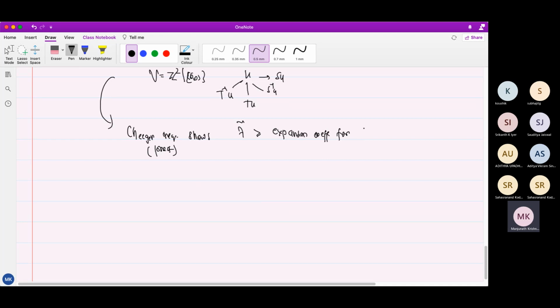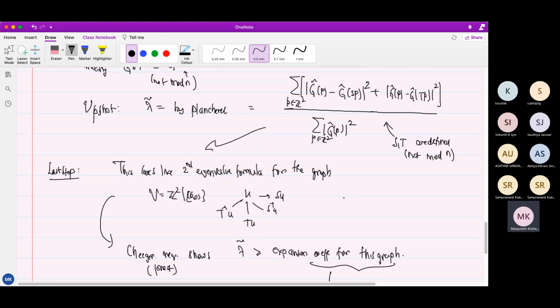But the Cheeger expansion coefficient for this graph. And this one, by direct analysis, is greater than or equal to some constant. Okay, so that last step I am not able to do now.